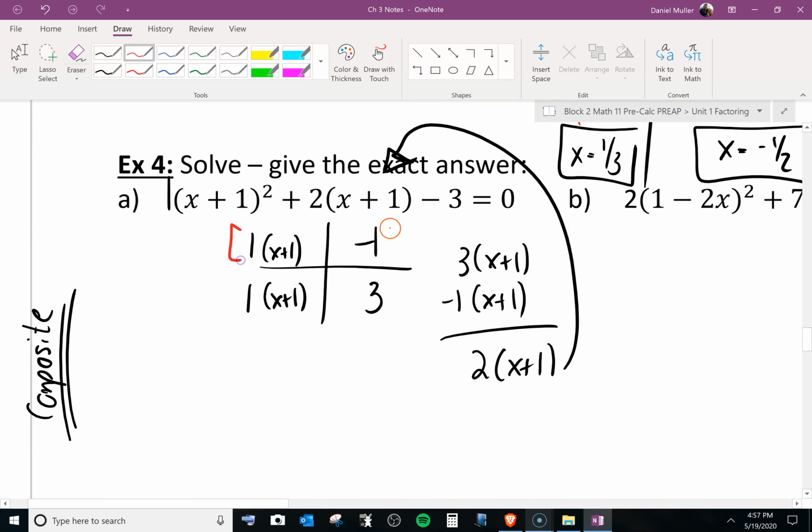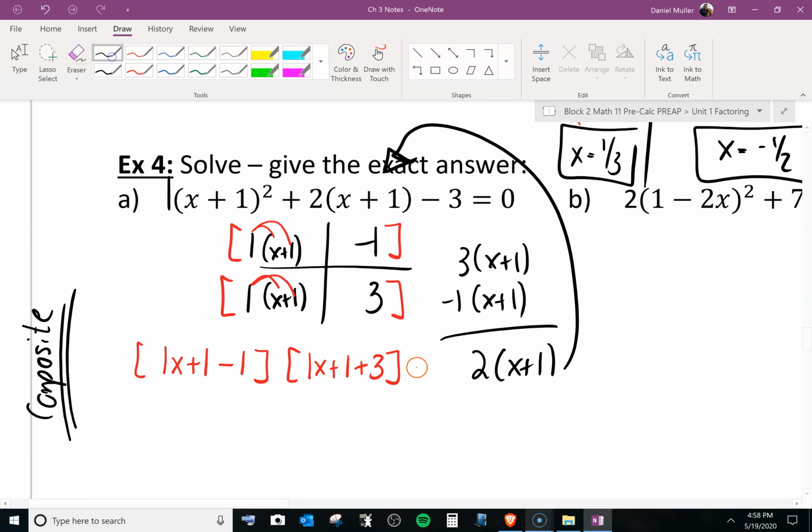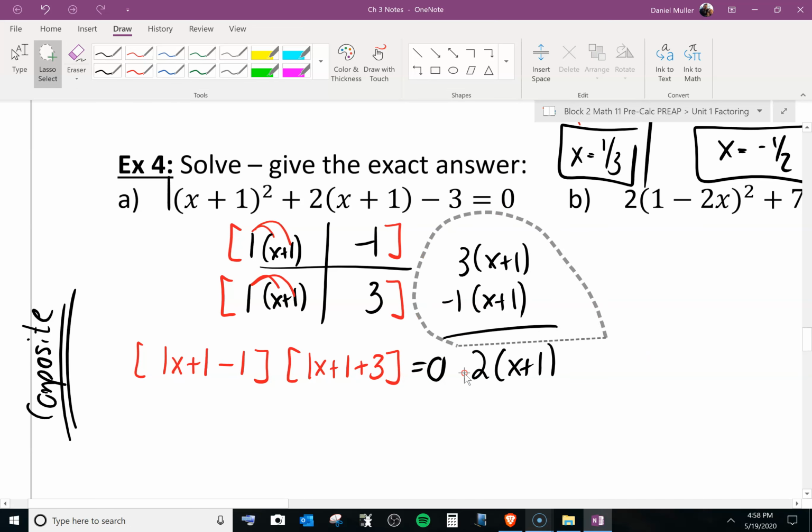And just like the composite functions, I'm going to put these red square brackets around. And I have factored it to be 1x plus 1, 1x plus 1 minus 1, and 1x plus 1, 1x plus 1, and then a plus 3, or positive 3, equals 0.